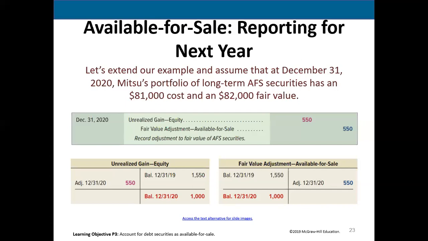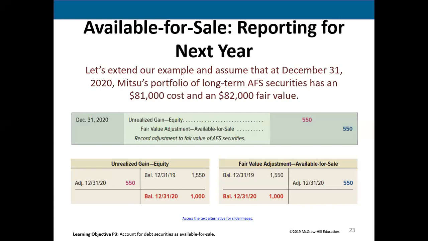They bought an additional $8,000 in securities, it looks like, and the debt investment available for sale category now has a debit balance of $81,000. When they fair value that at the end of next year, the fair value of those total investments is $82,000. So they've only increased in value $1,000 during this year.